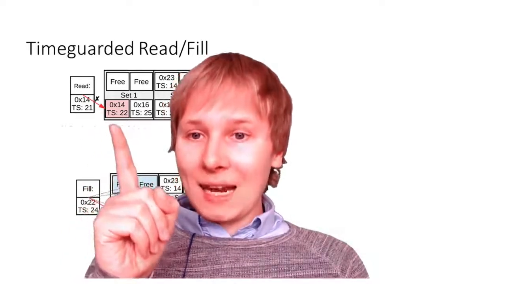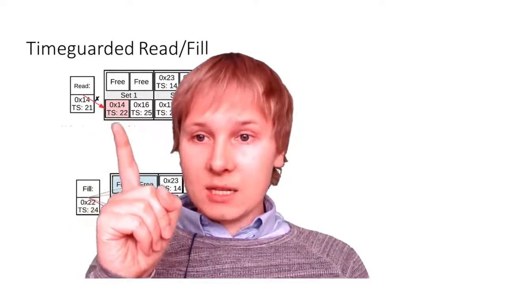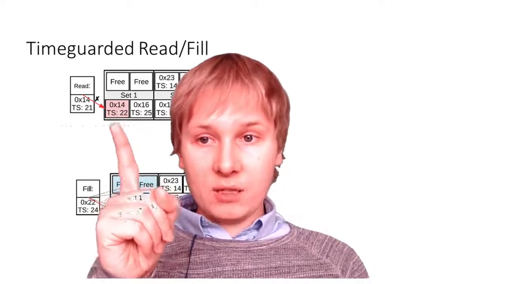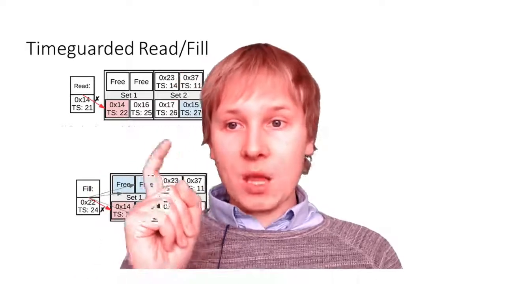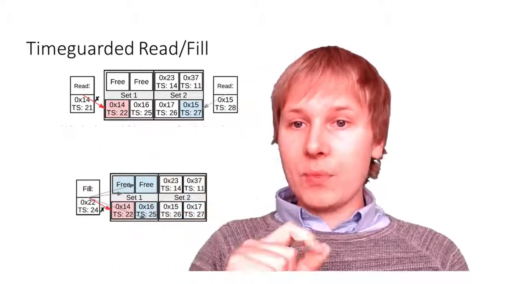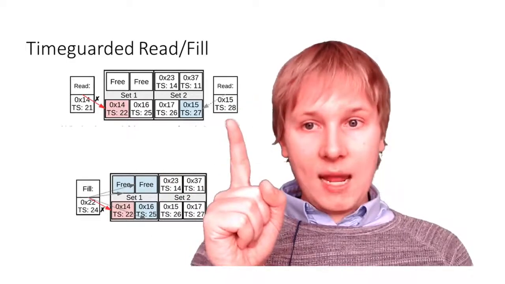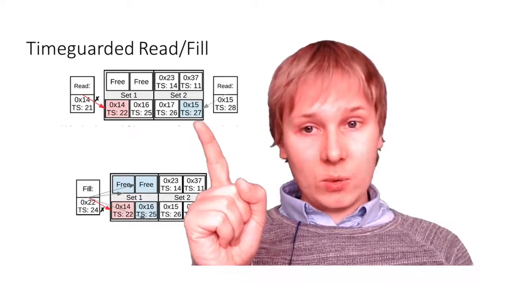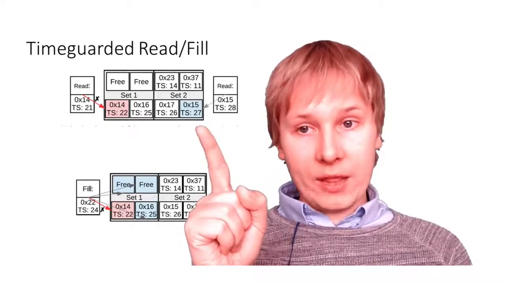So it isn't allowed to see this same read to the same location at timestamp 22. That's not allowed because this might be transient, whereas that might not be. So that isn't allowed to see this location here. Whereas this read at timestamp 28 to this location is allowed to see this value here at timestamp 27, because there's a timestamp order there.